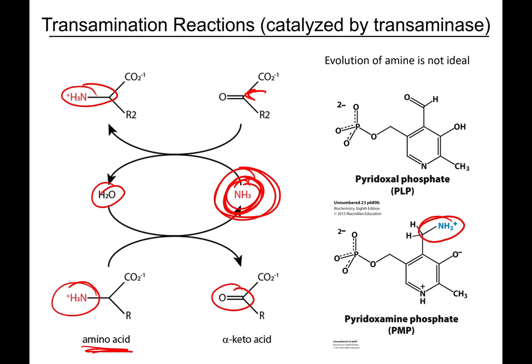The idea is pretty simple: at this position right here, we can have an ammonia molecule attached, or we can have anything else that contains an amine attached. And what we're going to see is that we do this by reacting the amino acid with this position and then transferring that amine to another amino acid.